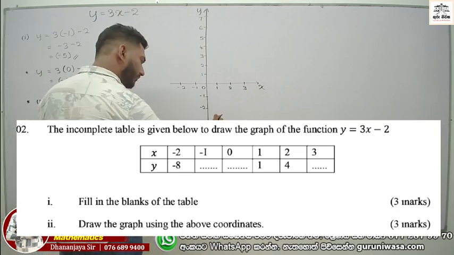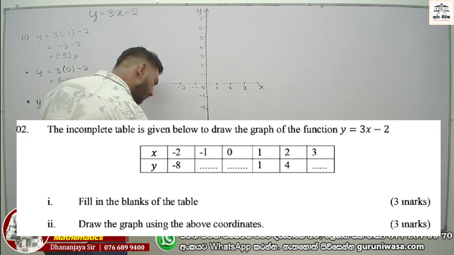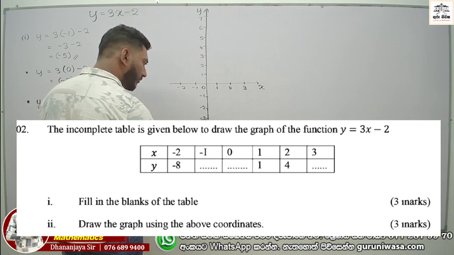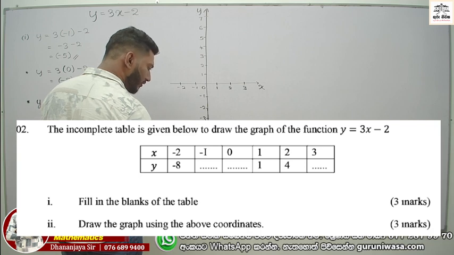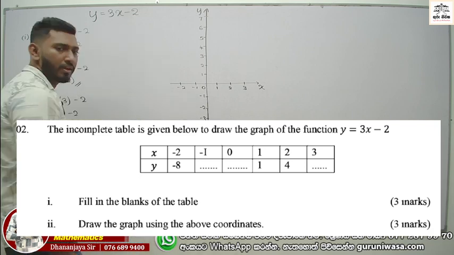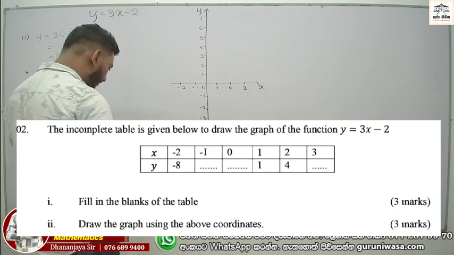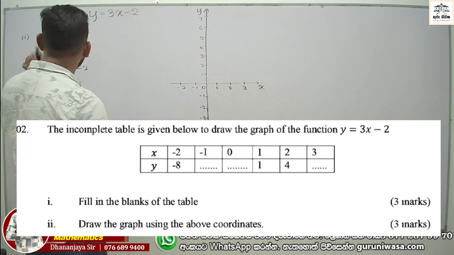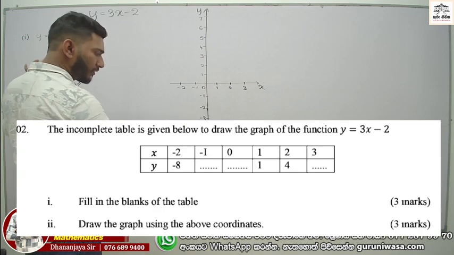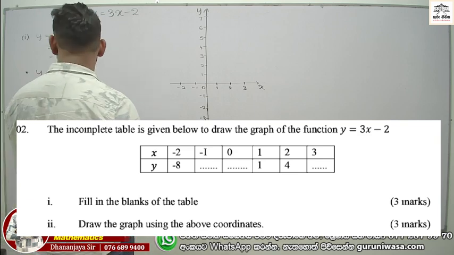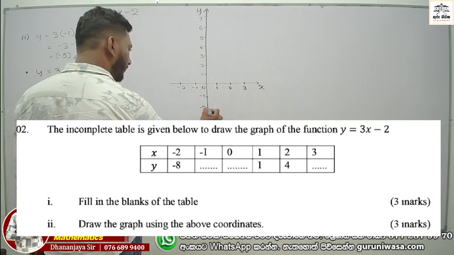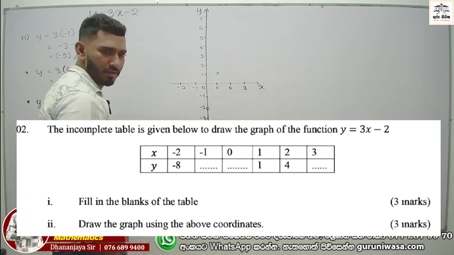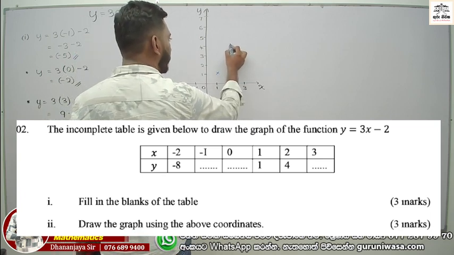The first coordinate is minus 2, minus 8, minus 1 and minus 5, and 0, 2, minus 2, and minus 2, 1 and 1, and 2 and 4, and 3 and 7.